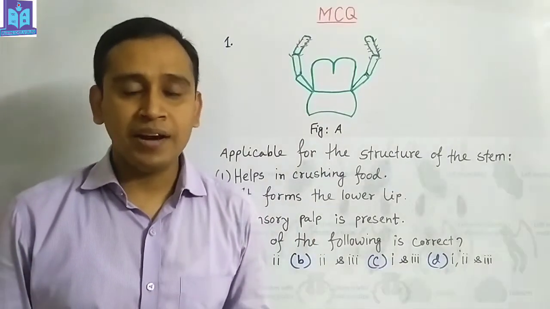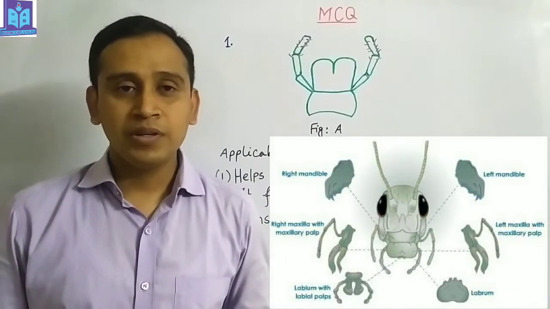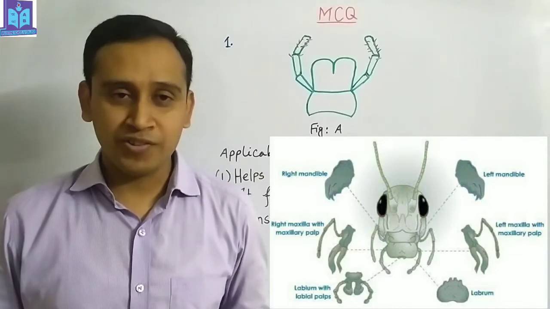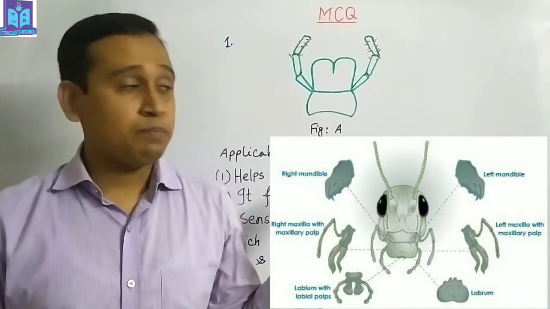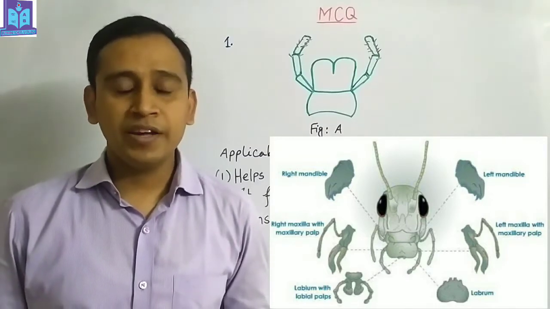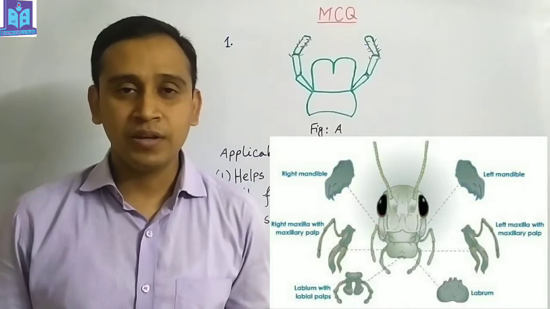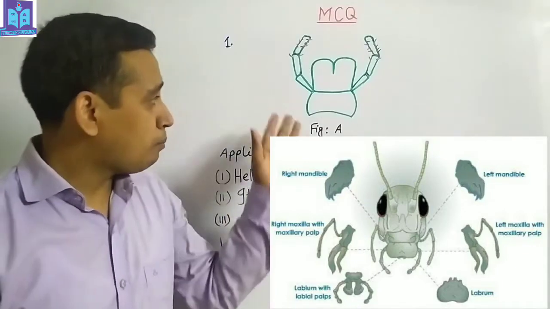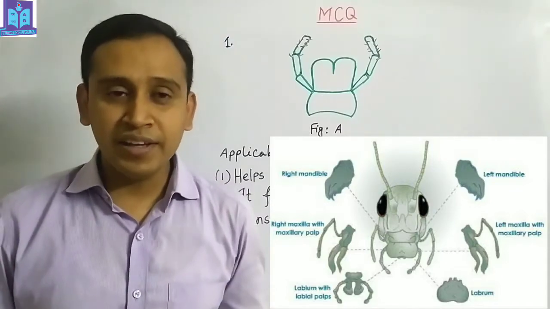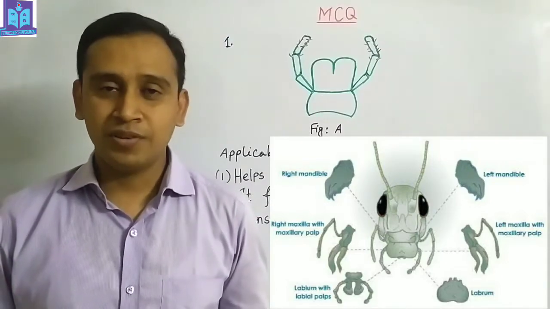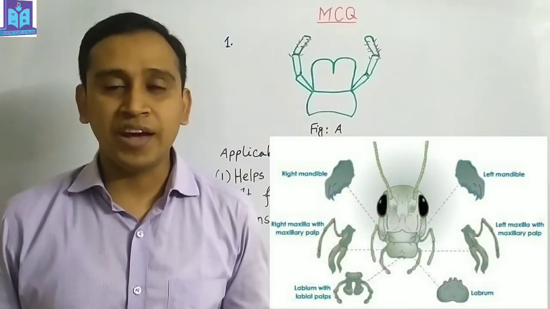The movable and articulated appendages around the mouth are collectively called mouth parts. And do you know the mouth parts of grasshopper are called mandibulate type? But why is it called mandibulate mouth parts? Because the mouth parts of grasshopper help in masticating young leaves and stems. So this type of mouth parts is called mandibulate type.